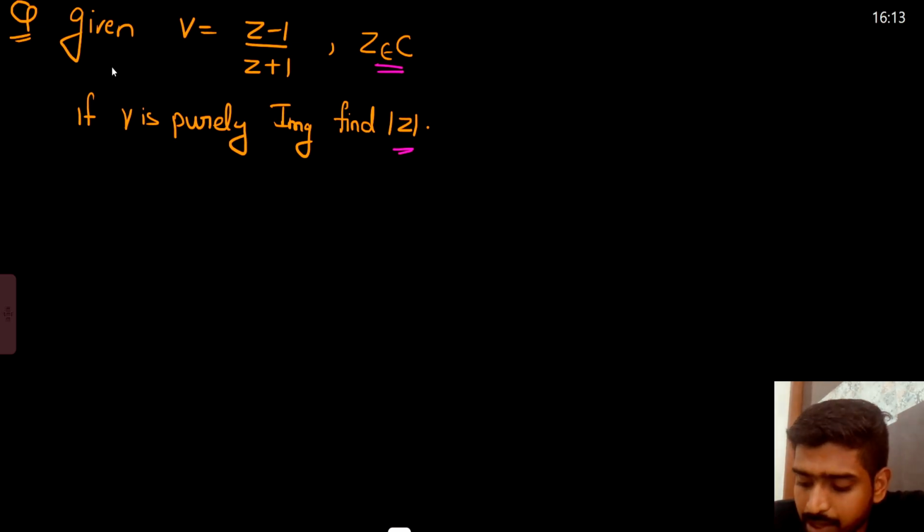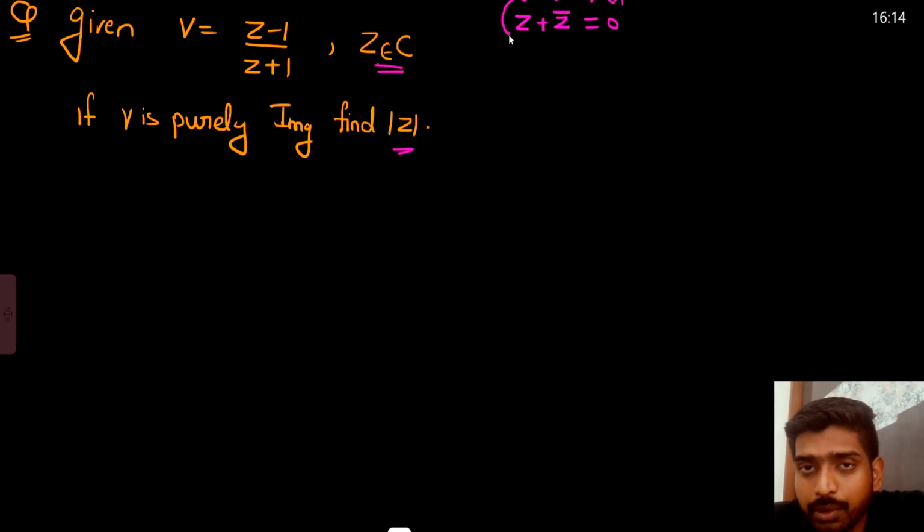So if any complex number is purely imaginary, in that case z plus conjugate of z is 0. Got it? Because there is no real part, right? And the imaginary part will get cancelled.